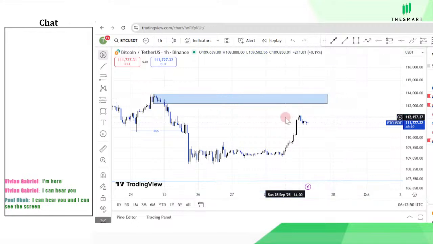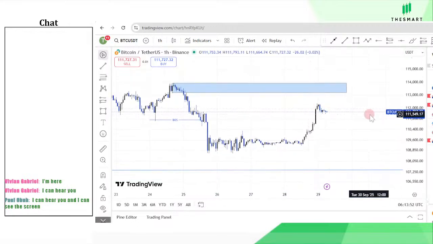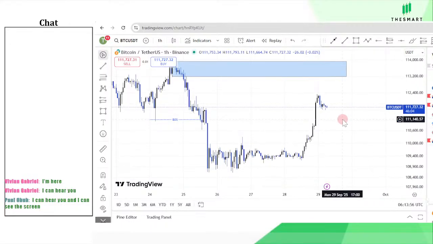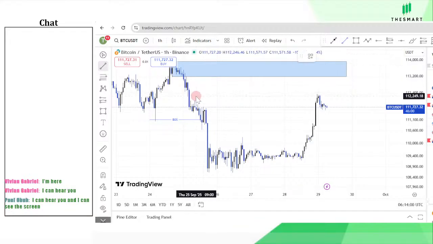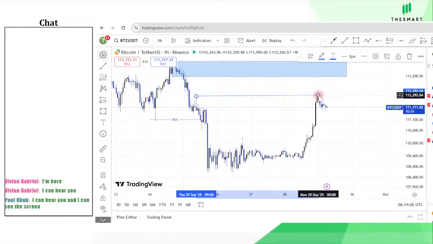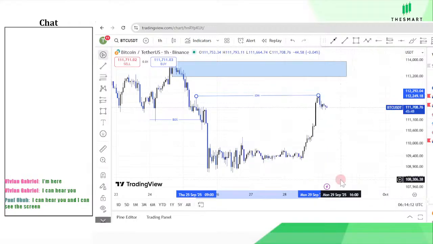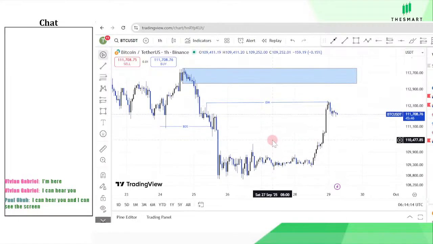So here on the 1 hour, this is what the 1 hour chart looks like. We have this as our inducement, and I think price has taken that out. Okay, so this is our inducement, and what are we expecting?